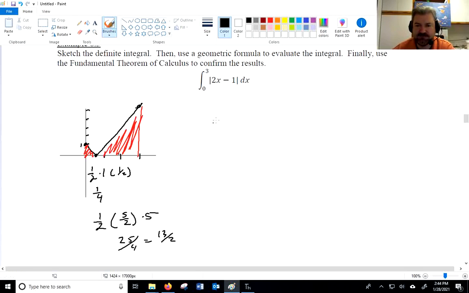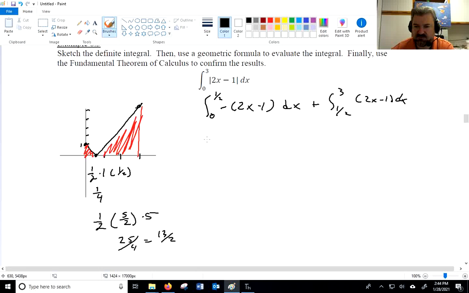Now, in order to evaluate this definite integral, we have to split this up into two different integrals. We know that this is equal to negative 2x minus 1 when 2x minus 1 is negative, which is when it's less than a half. So we're going to do from 0 to a half, we'll be using that. Then we'll go from 1/2 to 3 using positive 2x minus 1 dx.